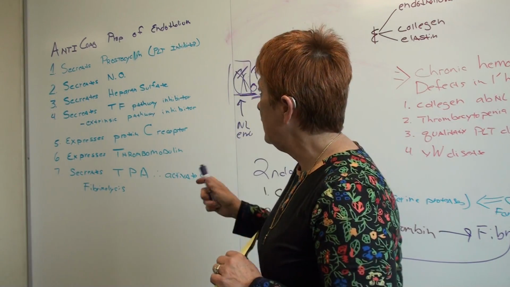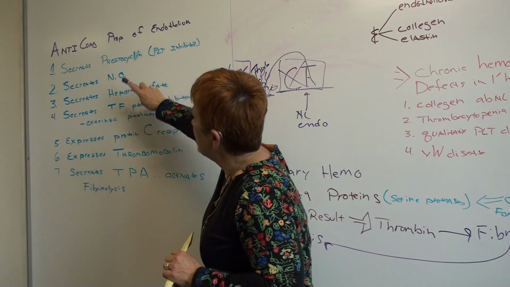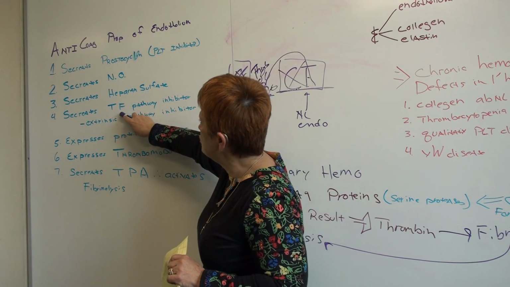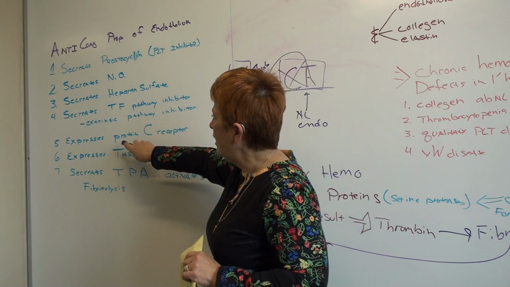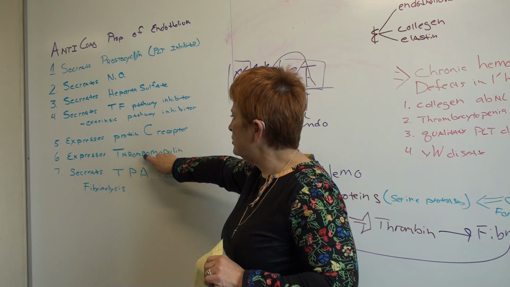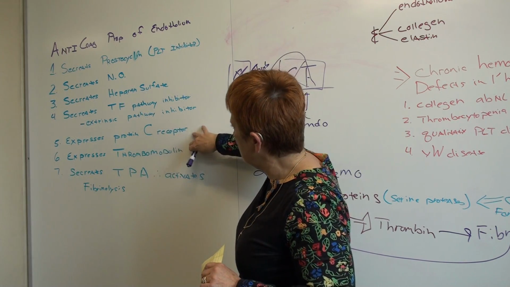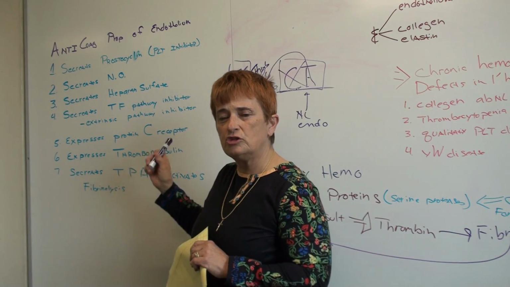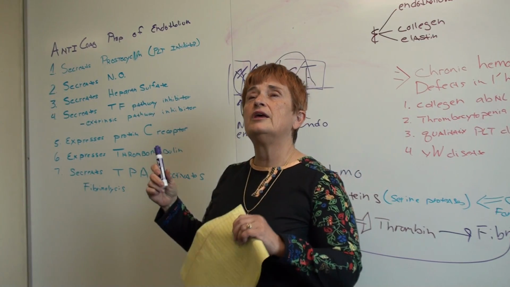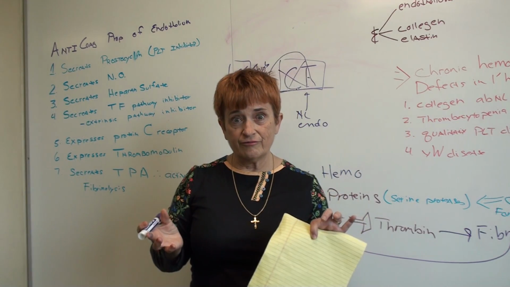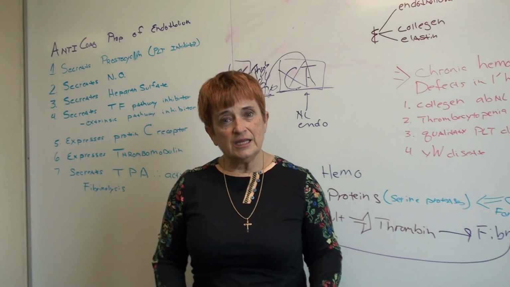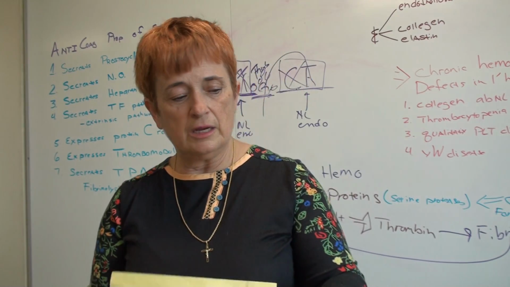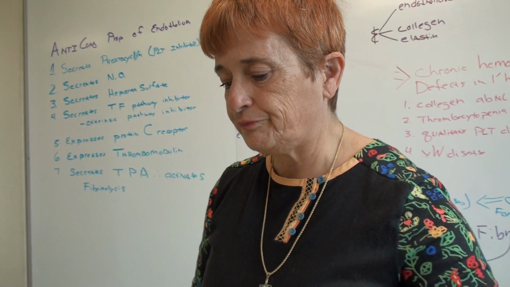It does this by secreting prostacyclin, secreting nitric oxide, secreting heparin sulfate, secreting tissue factor pathway inhibitor, expressing protein C, and expressing thrombomodulin on the vessel itself, and it can secrete tissue plasminogen activator, which helps dissolve fibrin clots. Isn't that amazing? It is truly, truly amazing, and how all of this works together.